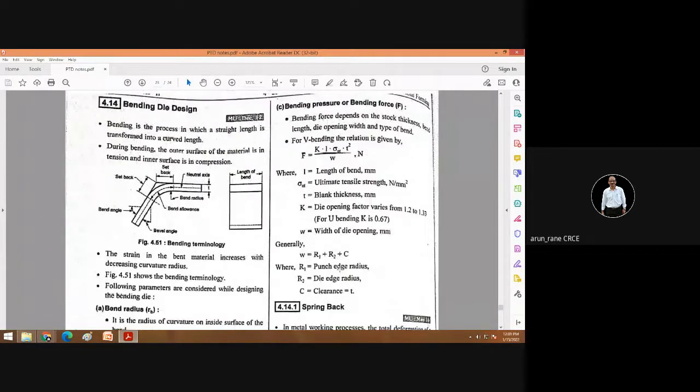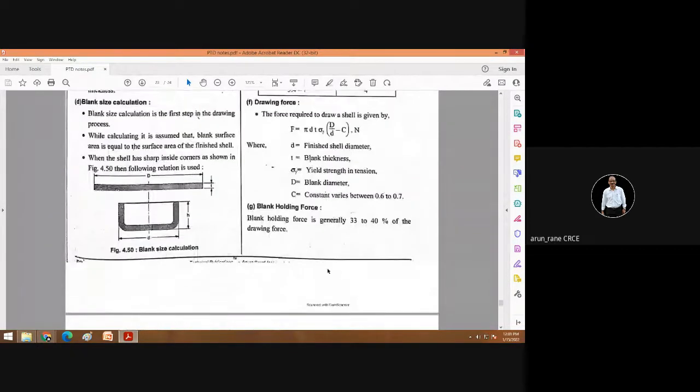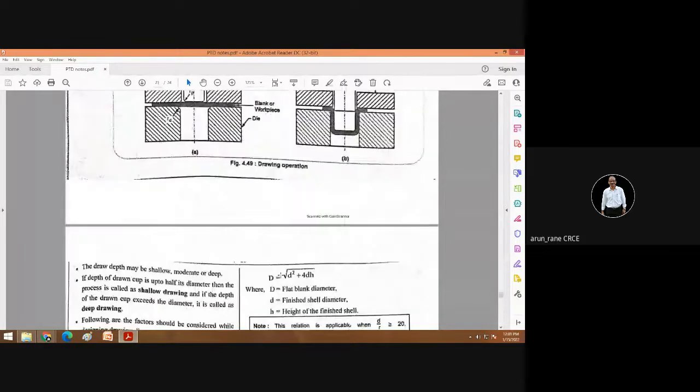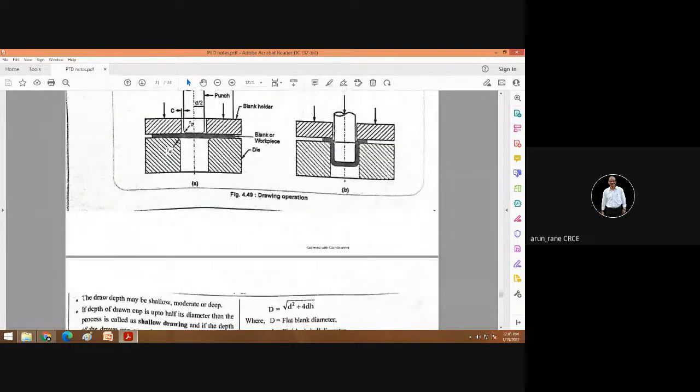What is the punch edge radius? I will show you here. This is your punch, so the punch edge radius means this. Drawing is also a kind of bending only. And die end radius means this. RD, see, here it is shown.